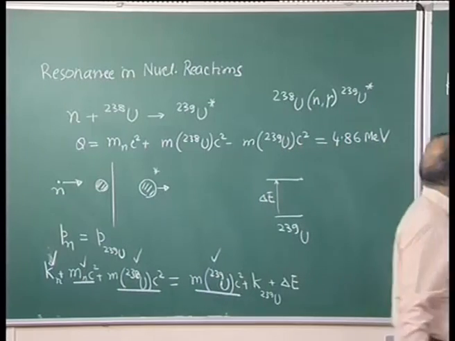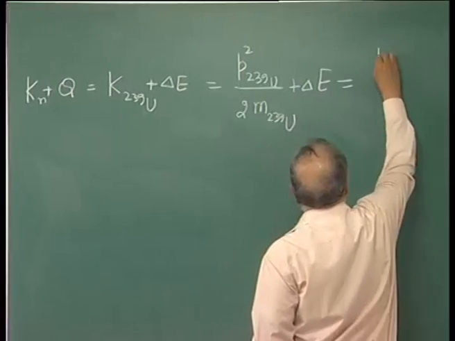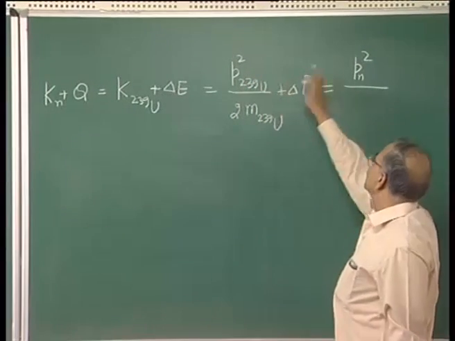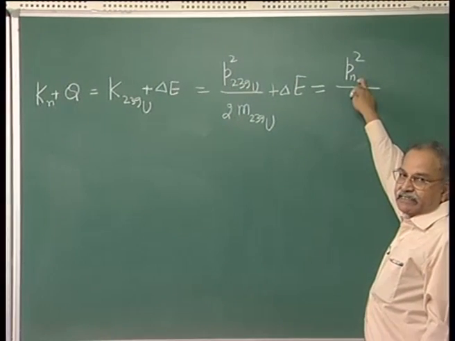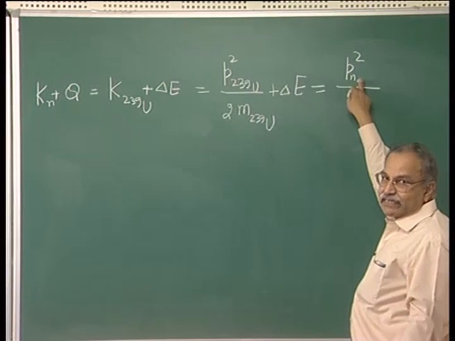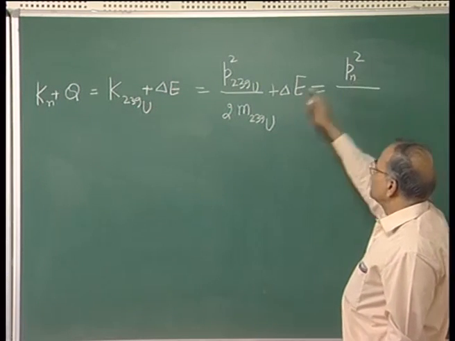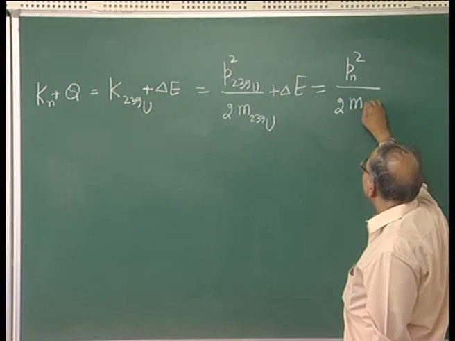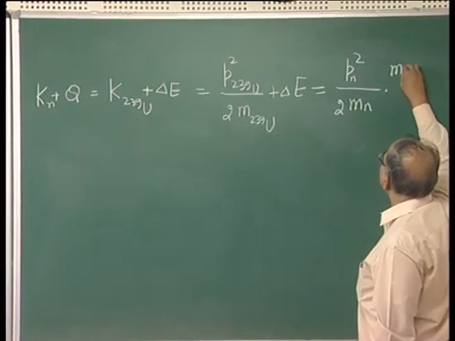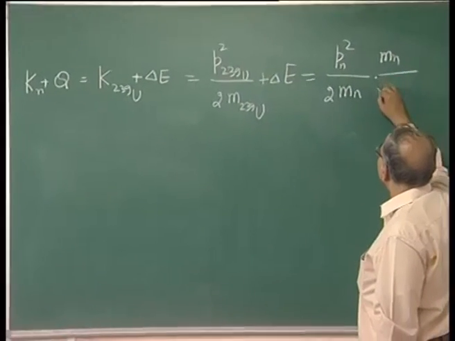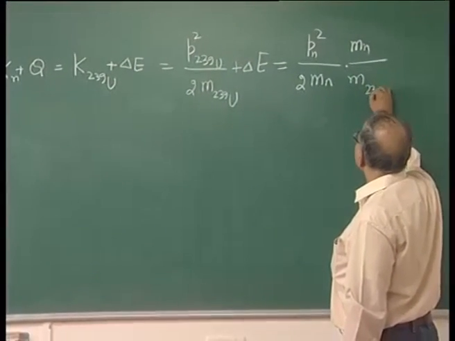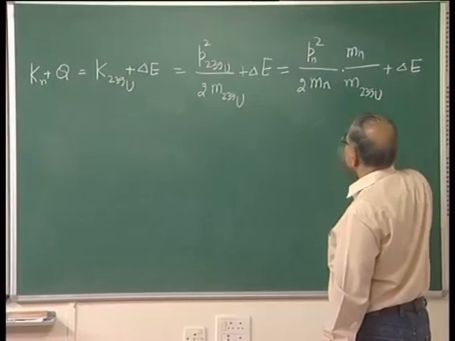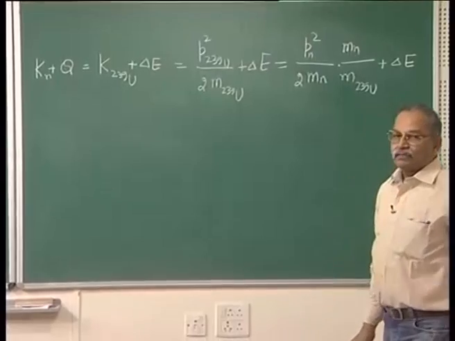So, I can write this as P n square divided by 2 times m n here and m n here, divided by the mass of uranium 239, plus delta E. Okay.